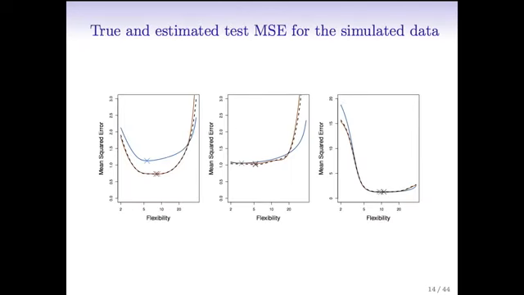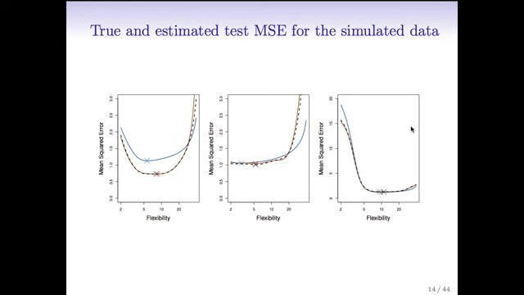Okay, this is figure 5.6 from the textbook, and this is the simulated data example, which was from figure 2.9 of the book. Just recall that this is smoothing splines in 3 different situations. In this case, the true error curve is the blue curve. And again, these are 3 different functions that we're examining.